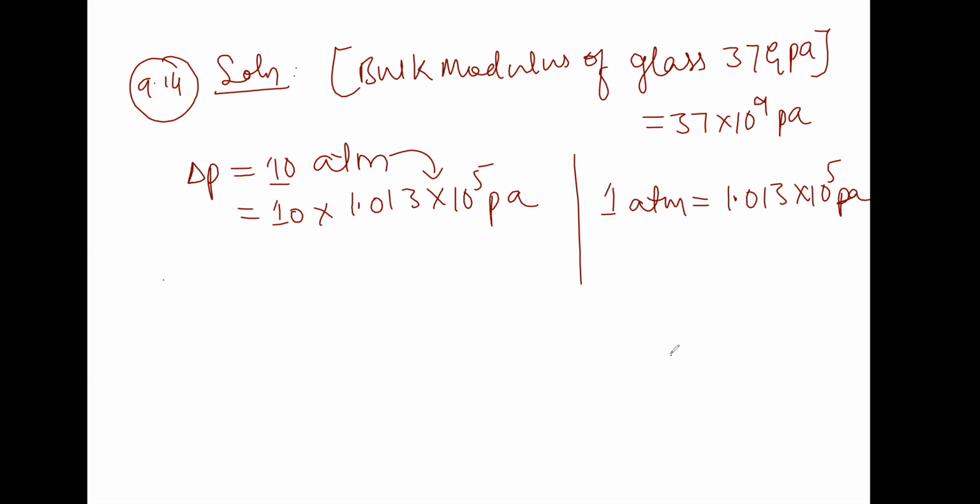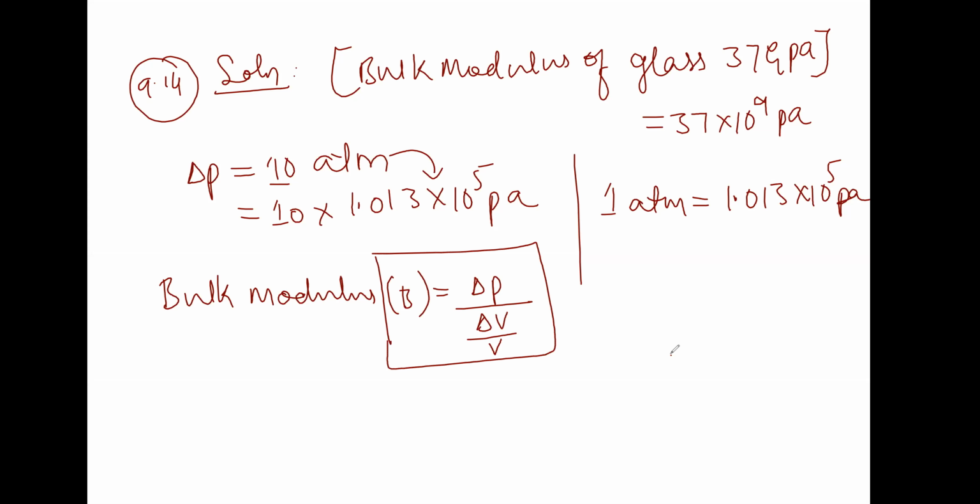So they asked to find the fractional change in volume. If you do not know the formula directly, we modify it from bulk modulus. Bulk modulus is given by the formula B is equal to delta P divided by change in volume to the original volume. This is bulk modulus.